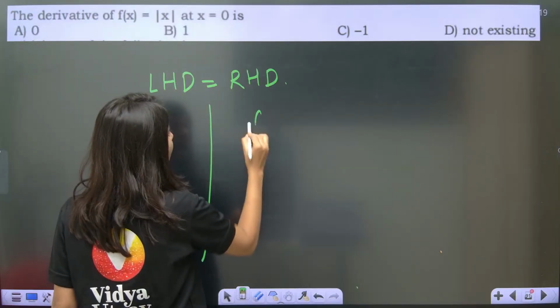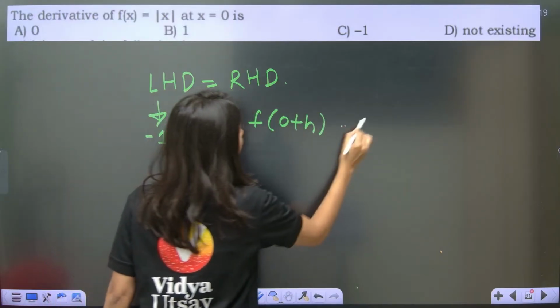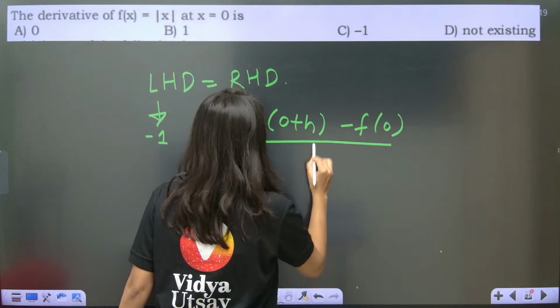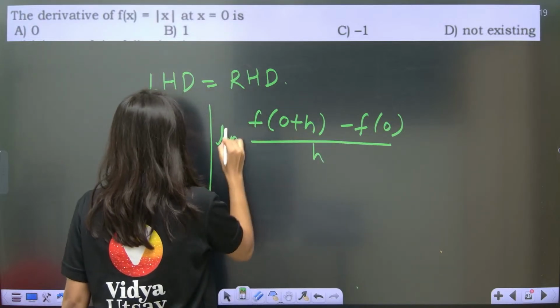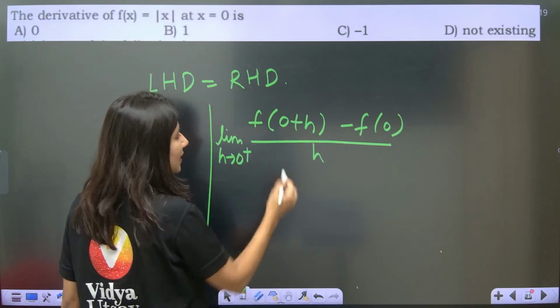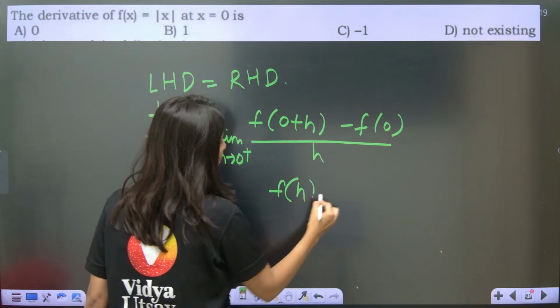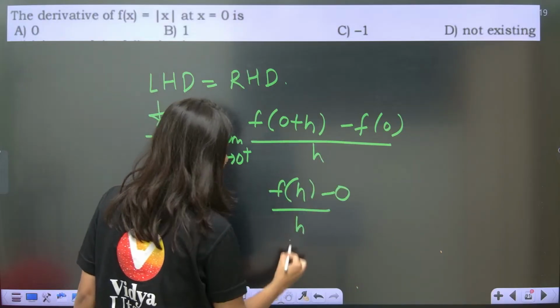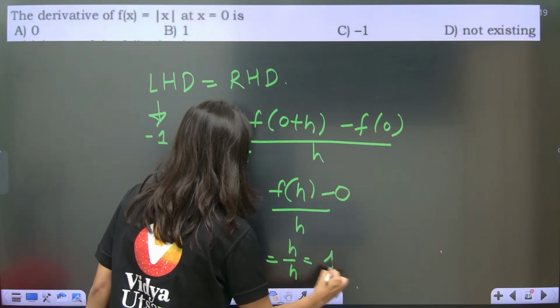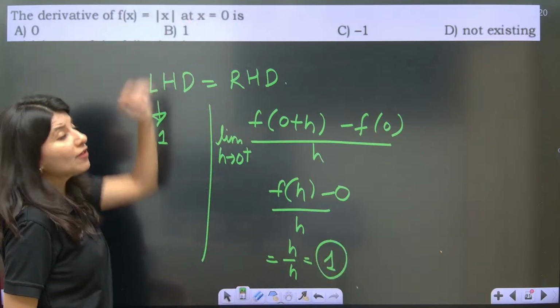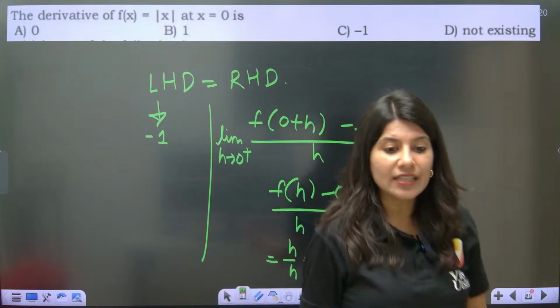So it is f of 0 plus h minus f of 0 upon h, limit h tends to 0 plus. This is the basic. So this is f of h minus 0 upon h. F of h is what? h upon h. So answer will be 1. Right hand derivative of mod x is 1. Left hand derivative is minus 1.